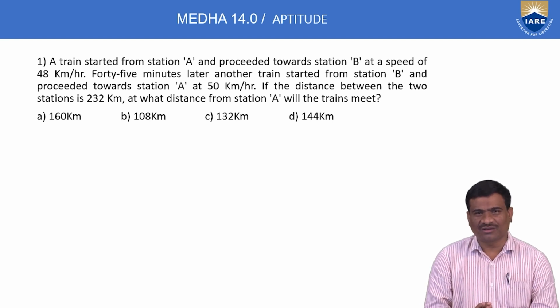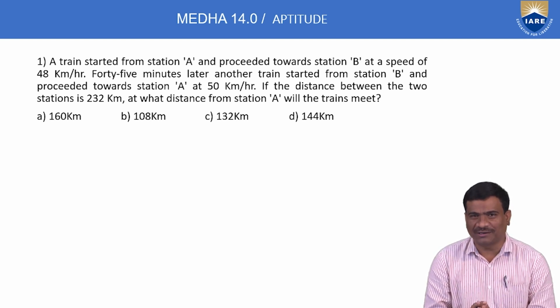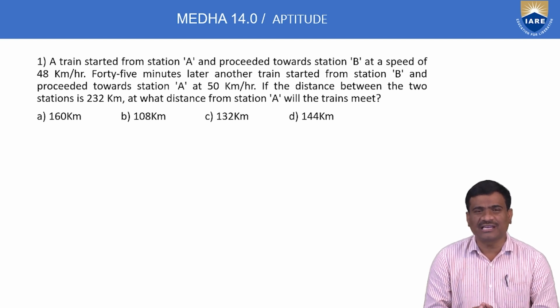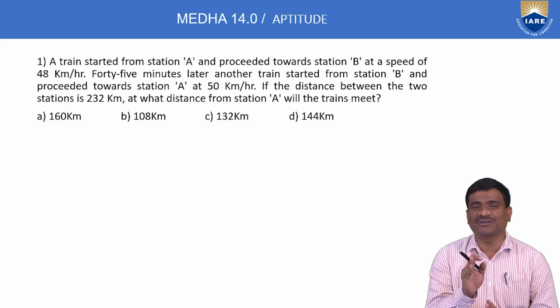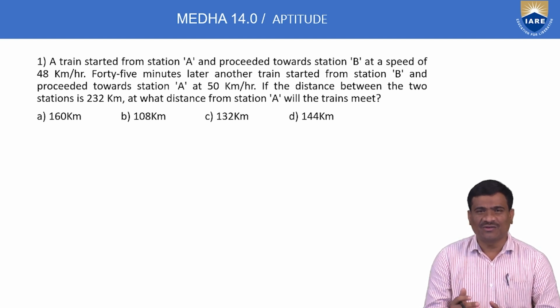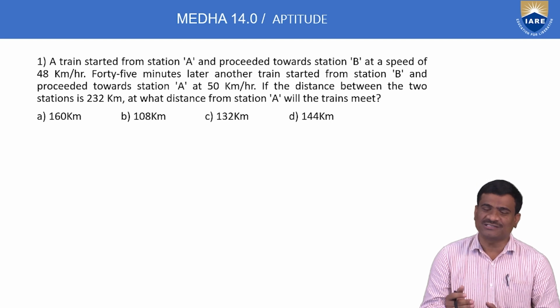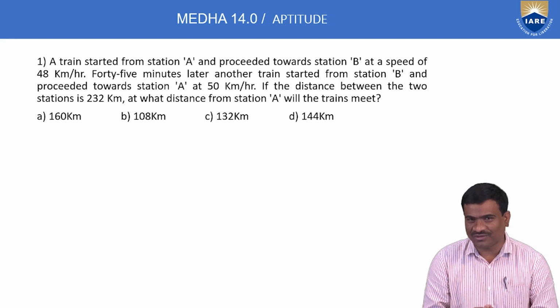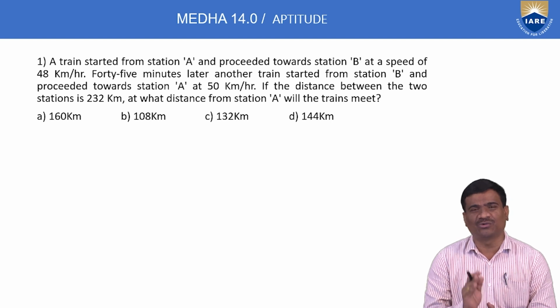Method. First condition is important. The time gap between the two trains A and B is 45 minutes. Here, the first train takes 45 minutes more than the second train. Then in 45 minutes, the distance covered by train A: distance is equal to speed into time.